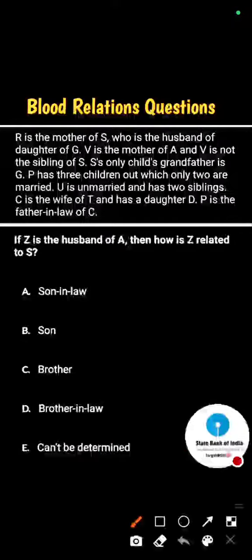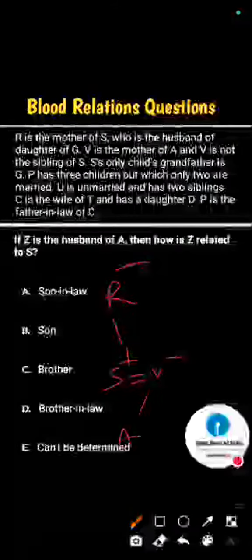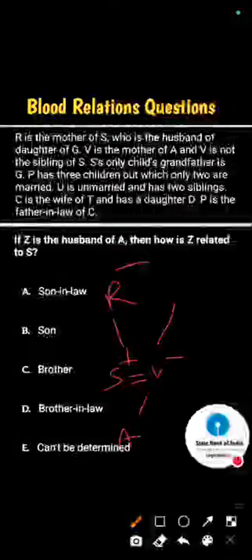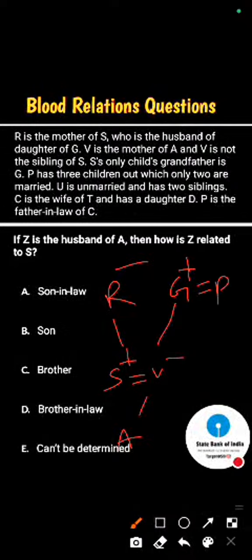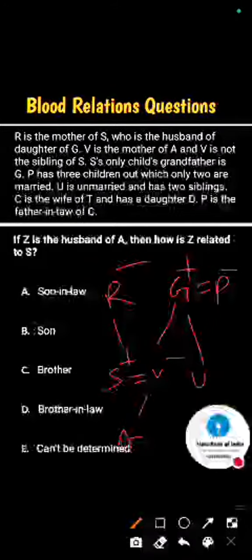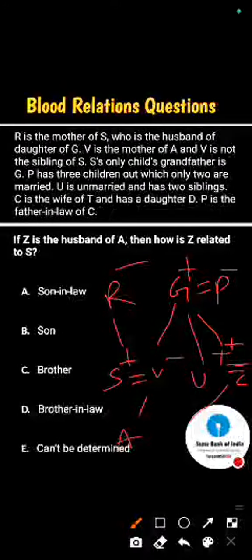First, let's note what we have. S is married to V and they have a child A, and V is the daughter of G, and G is married to P. Okay, they have one more child U, and one more child which is T, married to C. T is male, married to C, who is female, and they have a child D, a daughter. Let's see each and every statement.